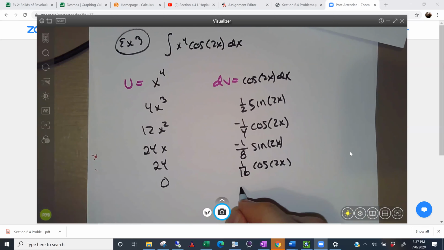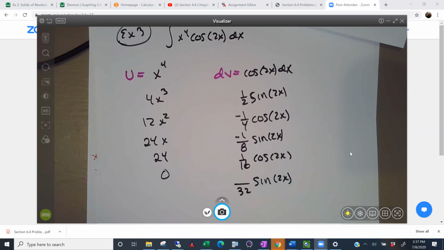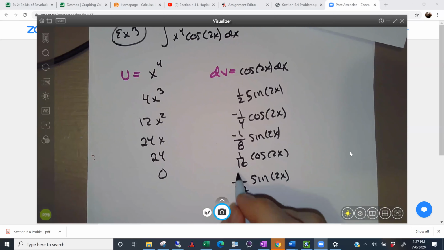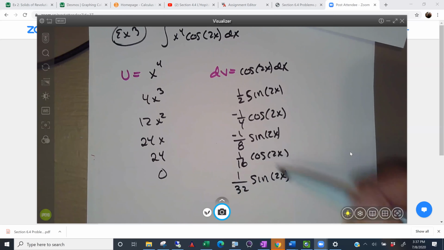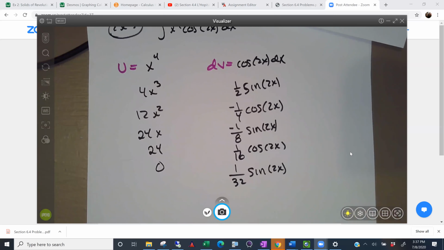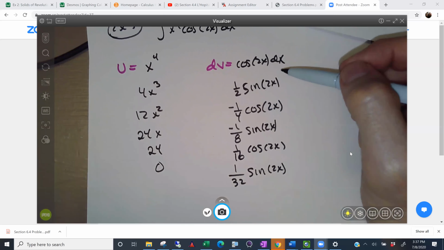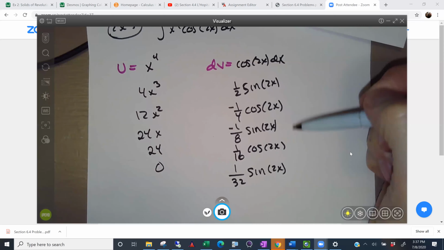And last but not least, it's going to be a sine of 2x. I'm thinking you're seeing the pattern here. It's going to be a 1 or a negative 1? 1. Good, because the derivative of sine is cosine. Excellent. We're 90% done right here.